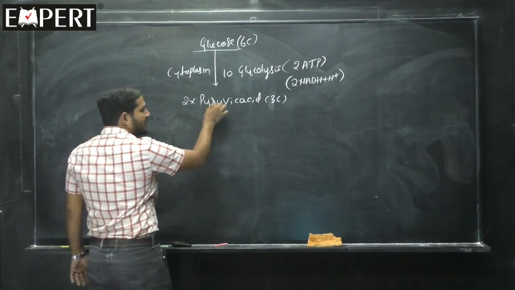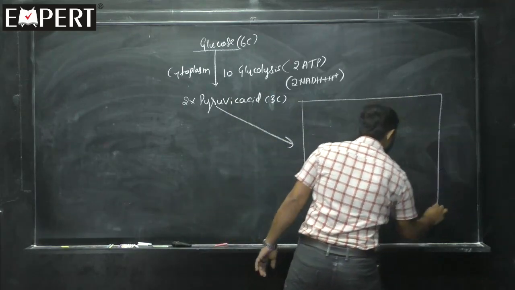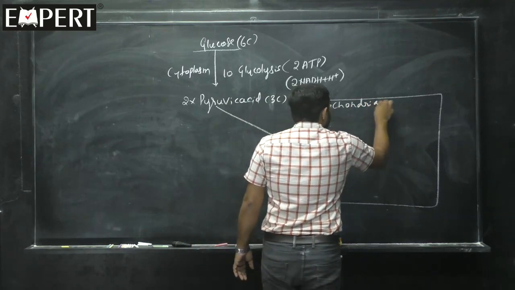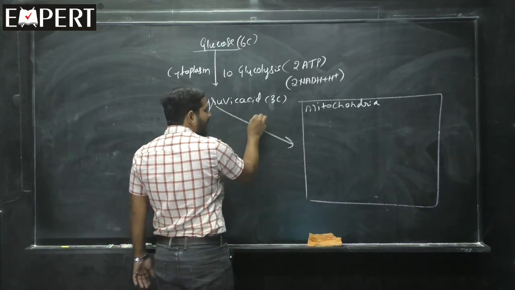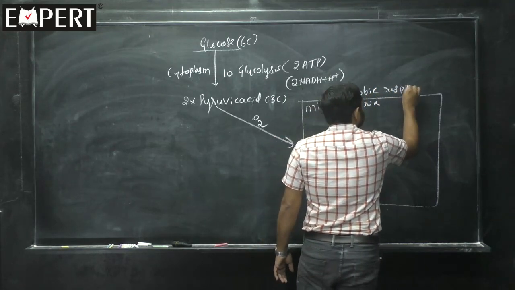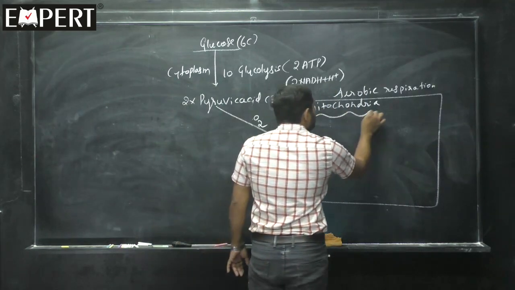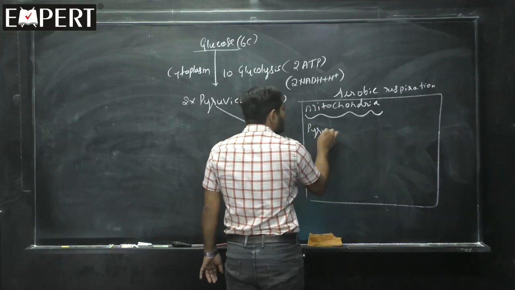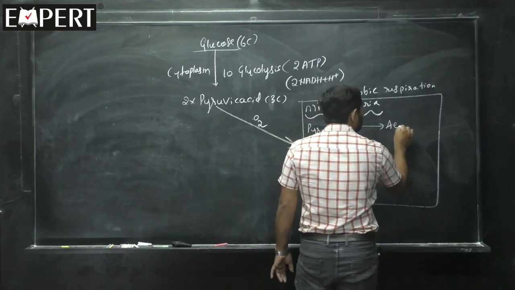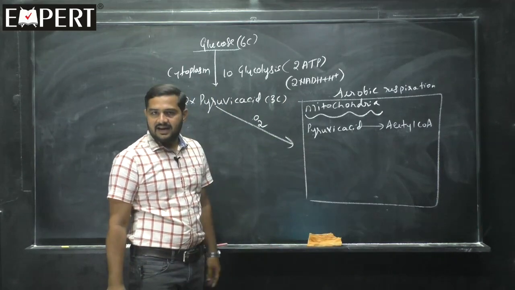Pyruvic acid enters into the mitochondria. Yes. So, in the mitochondria, in the presence of oxygen, it is going to be aerobic respiration, where what happens, tell me? The pyruvic acid that has entered the mitochondria will become acetyl-CoA, and during this, NADH is formed.